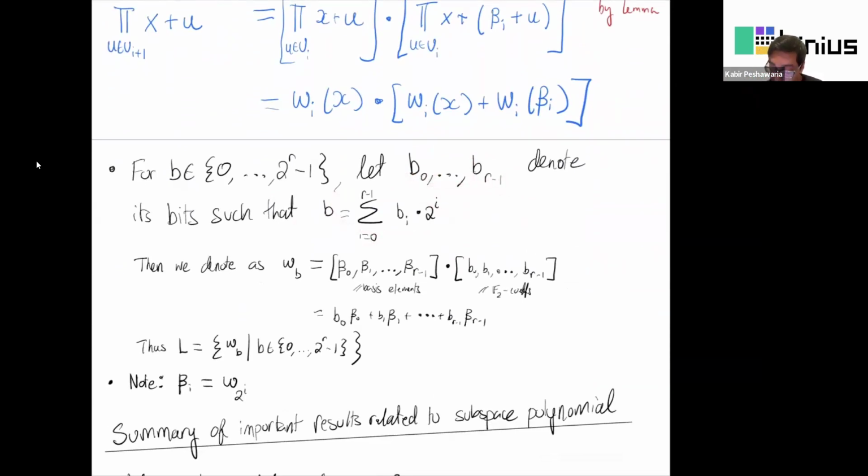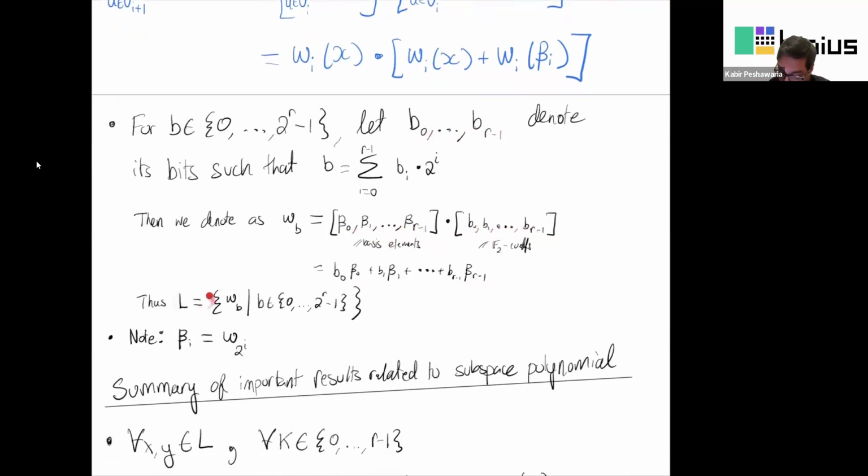Then we can denote omega_b as the element in L where I chose the coefficients of these betas exactly as my bits. My bits are my coefficients. A bit, 0 or 1, is the same thing as an F2 coefficient. And you take the dot product, and that gives you an element in L, our binary field.